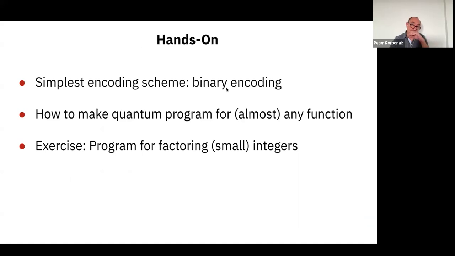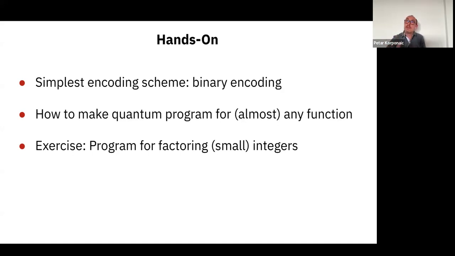This is relatively simple, because more complicated encoding will take more time to explain. Then I will show you how to make a quantum program for almost any function. I have a trick for small functions that have small input and small output. By using binary encoding, you can make a quantum program for any function.